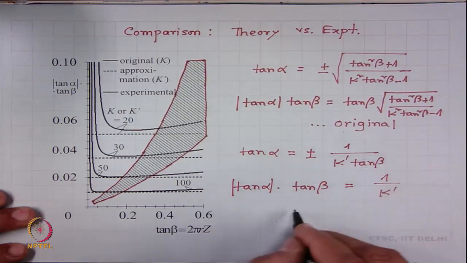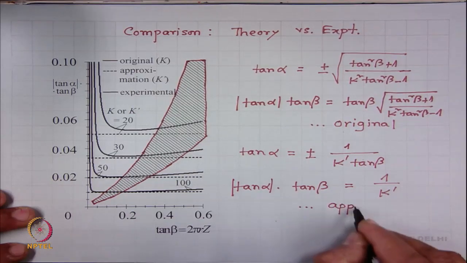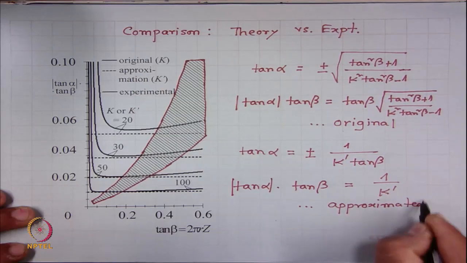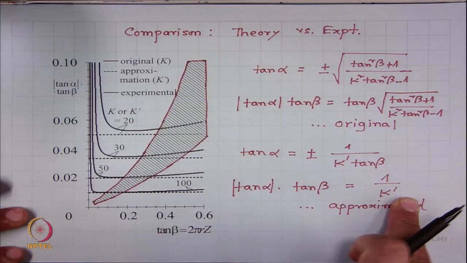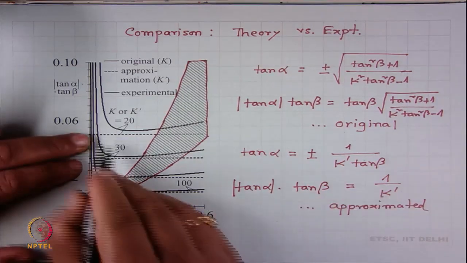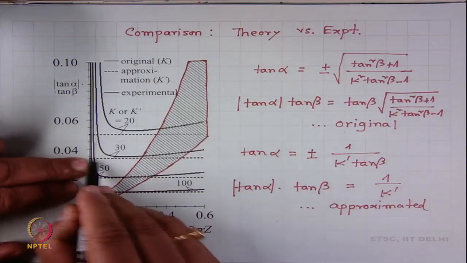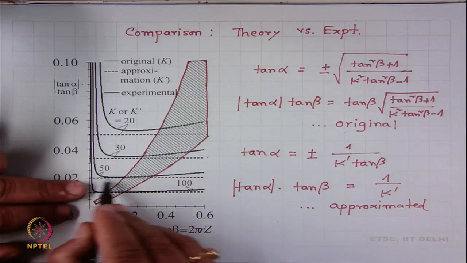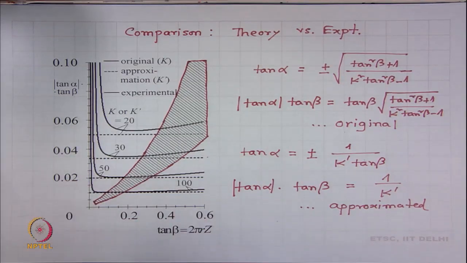So, this was the approximated one, with k prime. Obviously, this is constant because k prime is constant. So, this expression is constant, that is why you see a line parallel to the x axis, for k prime equal to 30, 50 and 100.